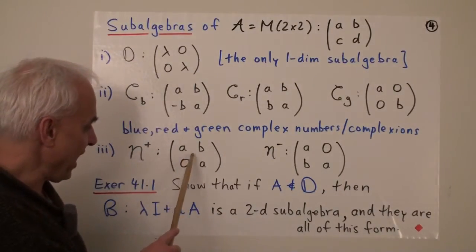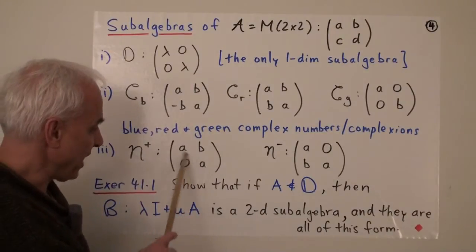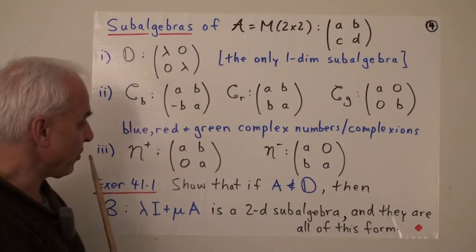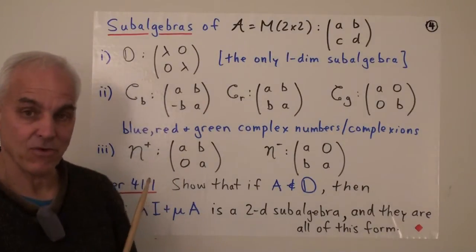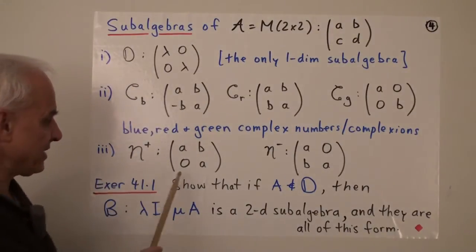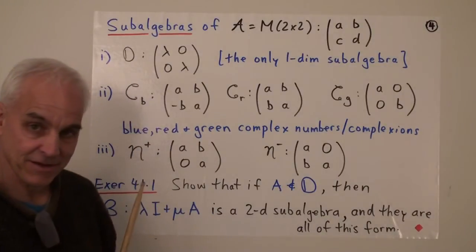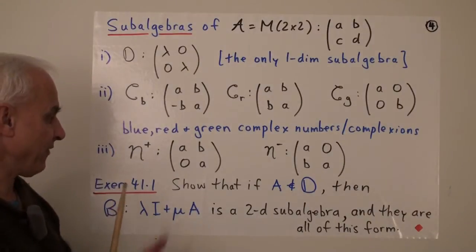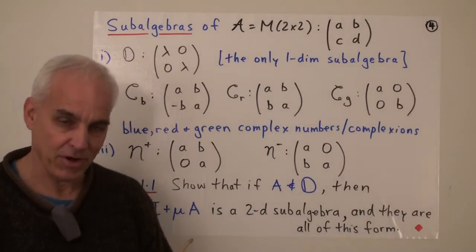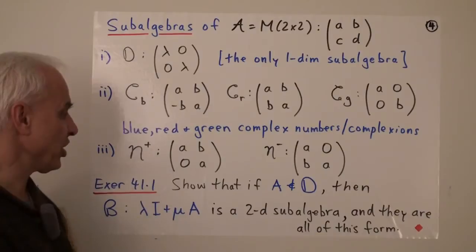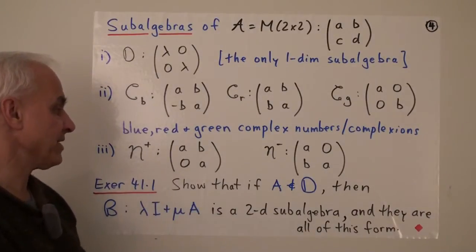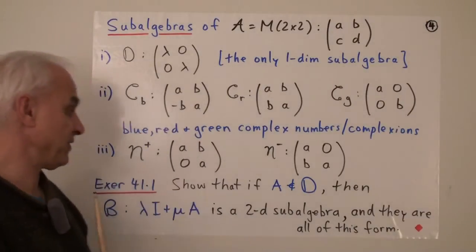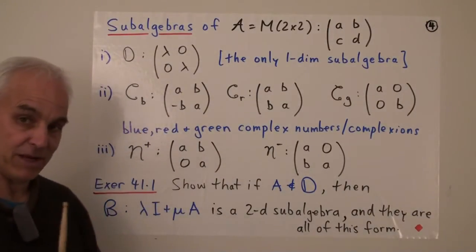Matrices which have A's on the diagonal and B in the upper right corner and 0 in the bottom left corner. That's a subspace. If you add any two such matrices, you get another one of that form. If you multiply one by a scalar, you get another one of that form. But in addition, this is also a subalgebra, that if you multiply two such matrices, you get another one of this form. Please check that to make sure that it's true.